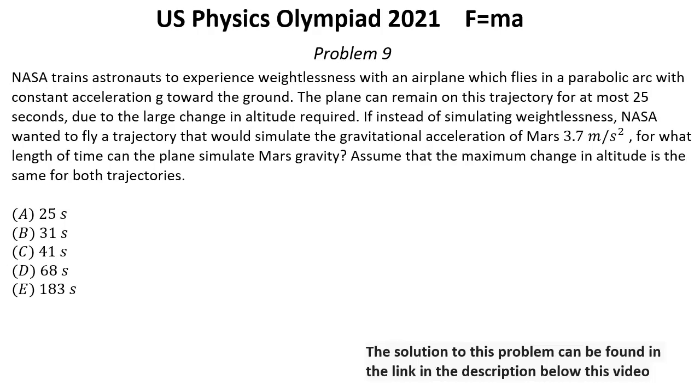If instead of simulating weightlessness, NASA wanted to fly a trajectory that would simulate the gravitational acceleration of Mars, 3.7 meters per second squared, for what length of time can the plane simulate Mars gravity? Assume that the maximum change in altitude is the same for both trajectories.